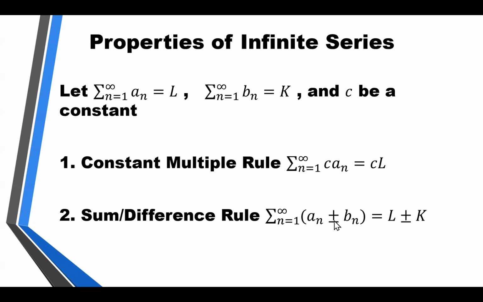But a sub n times b sub n doesn't give me L times k when I add it up. So these two rules, feel free to use them to find infinite series when you can, but don't make up any other rules is what I'm saying.